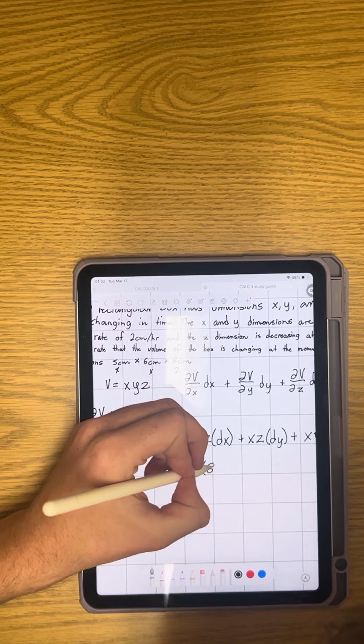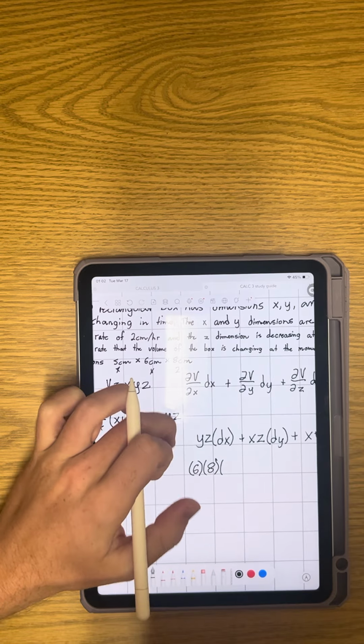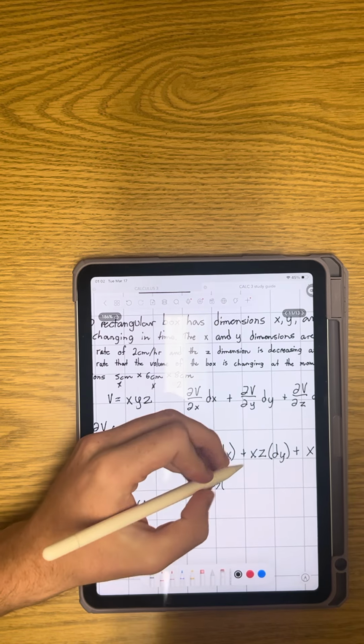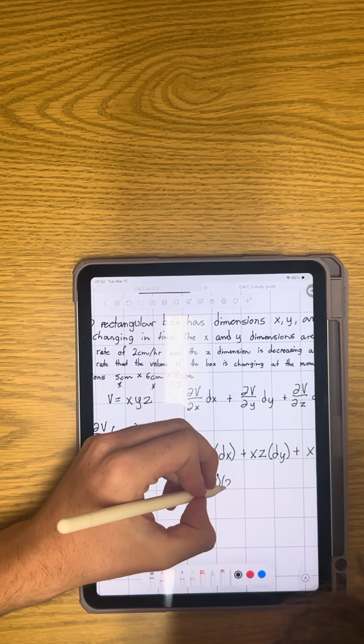Y is 6 centimeters. These are all relative, so this is x, this is y, this is z. Z is 8 times dx, which we are given as a positive 2 centimeters an hour.